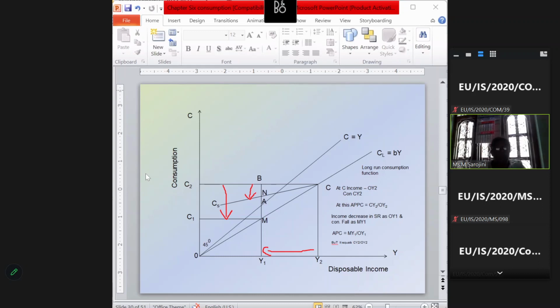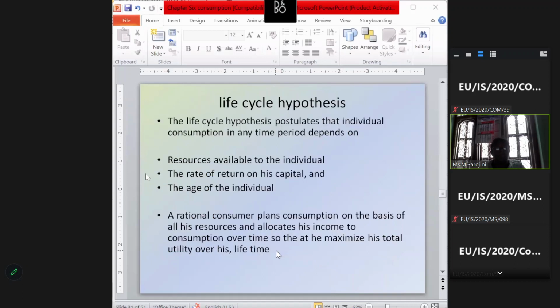Okay. Right. Please go through this diagram again and get more knowledge about the diagram. Right. I explained the ratchet effect. The other one is the life cycle income hypothesis.